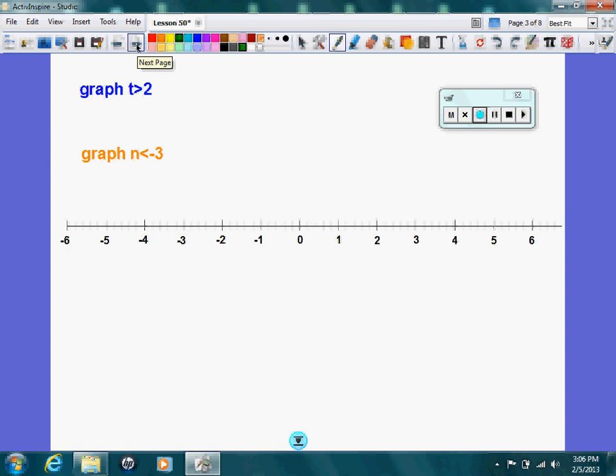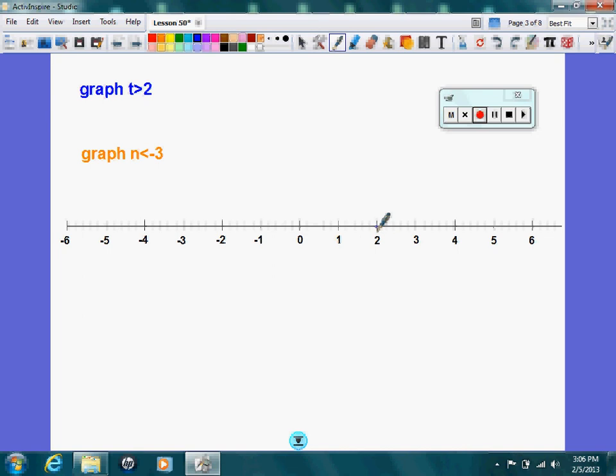Okay, let's graph the expression t is greater than 2. T is greater than 2. This is not really an expression, this is an inequality. So the way we do this is we find the point 2, and can t be equal to 2? Well, here's 2. Can t be equal to 2?